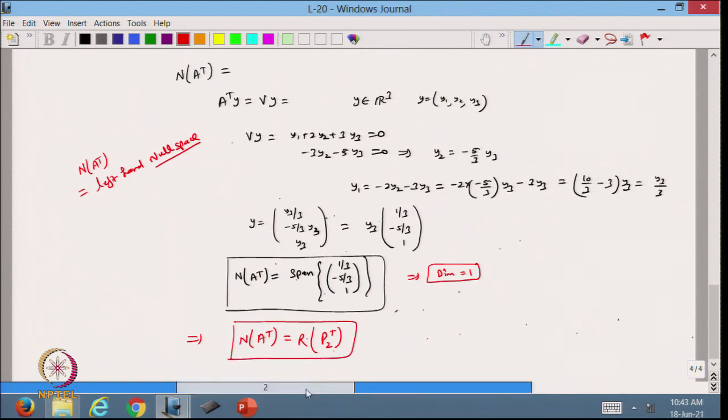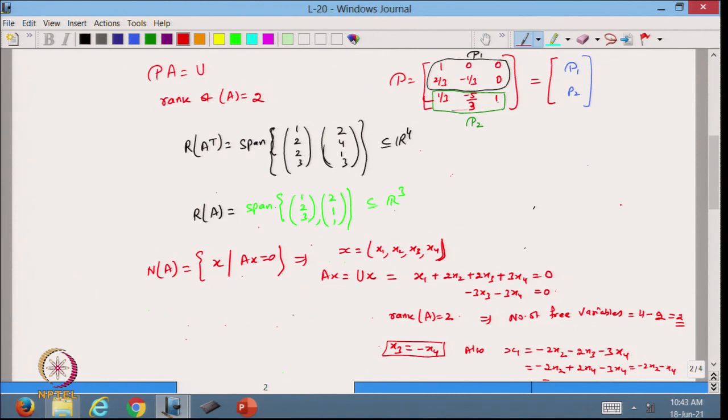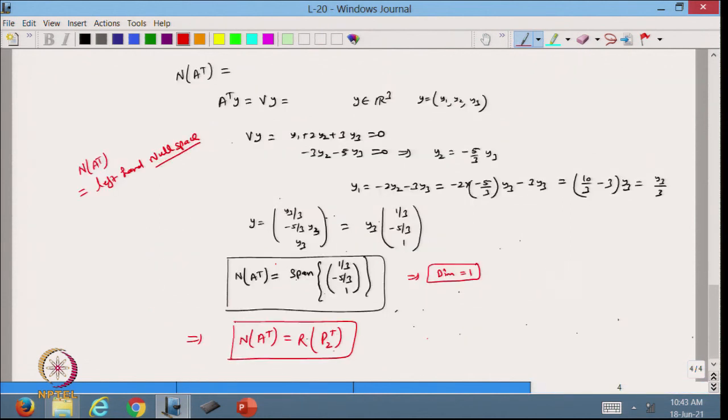Because P2 is a row vector, I just take the transpose to make it a column vector. So, my P2 transpose is basically a column vector which has this element, and you know from here that it is spanning this one.